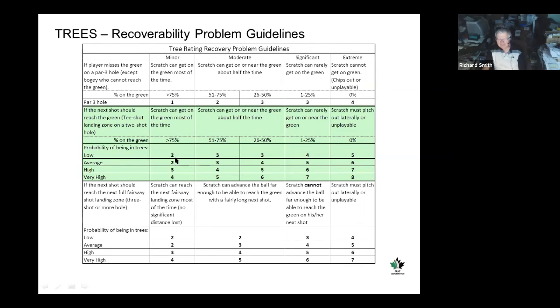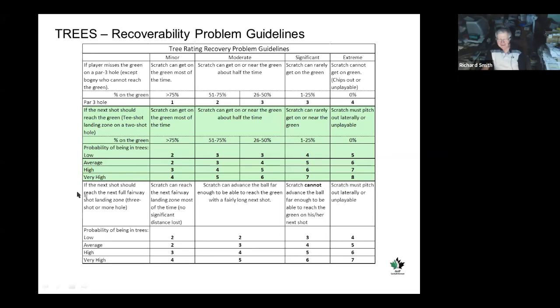And that would be sort of the equivalent of what we used to do when we actually measured the distance to the trees. This would be sort of low probability, well, the trees are there, but they're pretty far away, all the way to a high probability: those trees are there and they're pretty close to me.